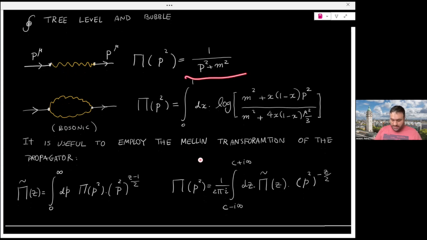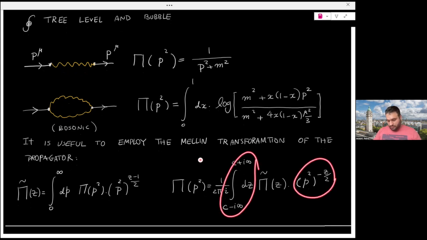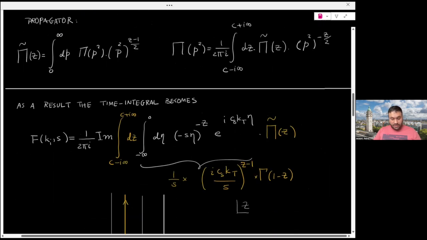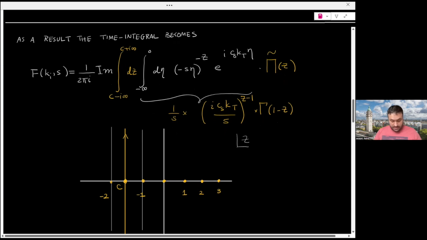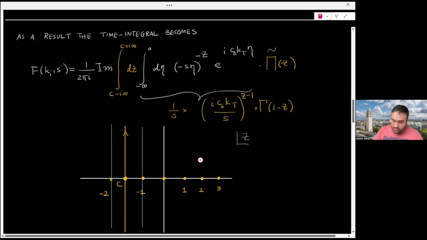So basically what we do is that we replace the propagator with a complex integral over some power law in momentum, and we plug the Mellin transform of the capital pi inside the time integral and take the time integral. The time integral becomes very simple, so it's a gamma function times the power law. But this simplicity comes at the expense of introducing a complex integral that we have yet to evaluate.